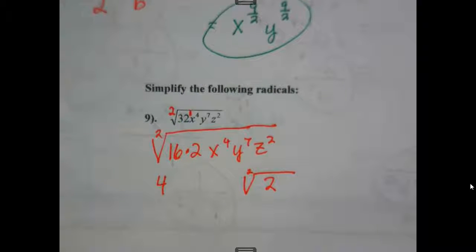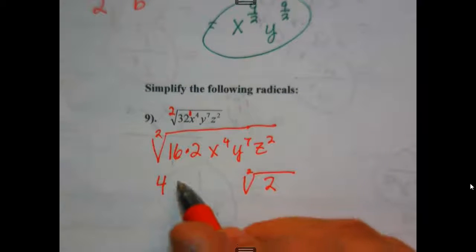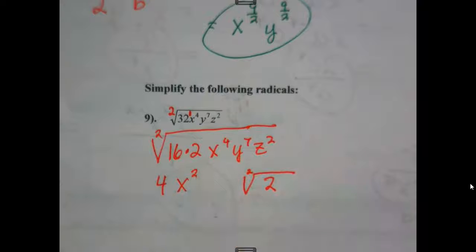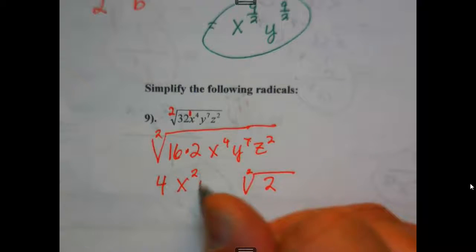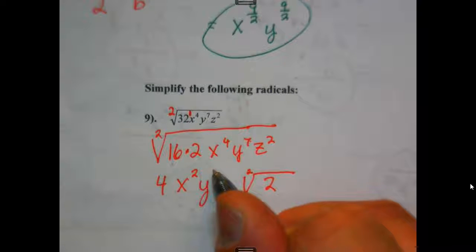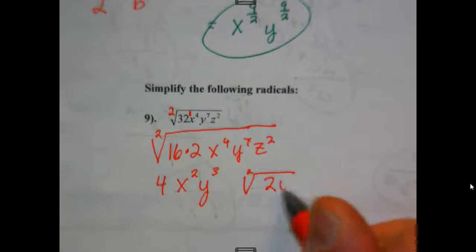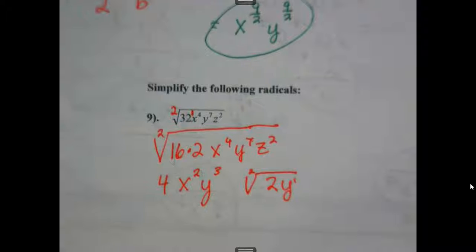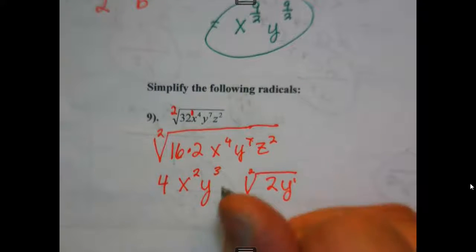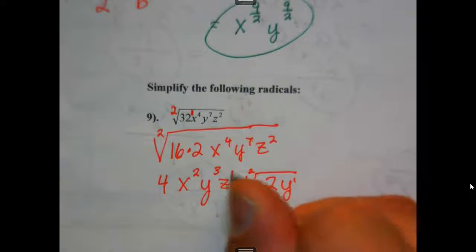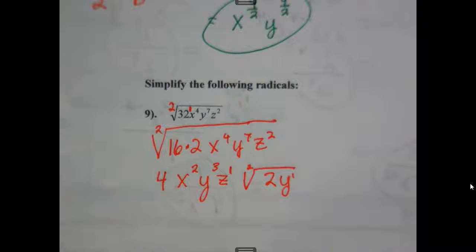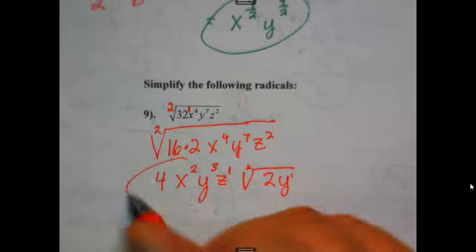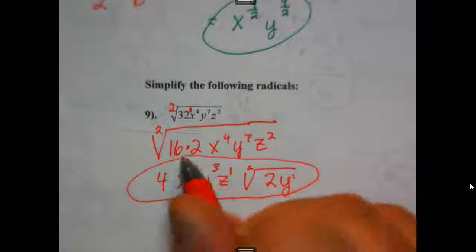What about x to the 4 divided by 2? No remainders. Y to the 7 divided by 2 gives me 3, but I have 1 left over, right? And z to the 2 divided by 2? Z to the first. Should we do another one?